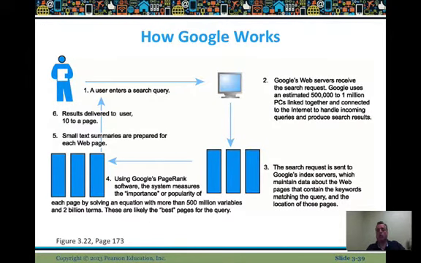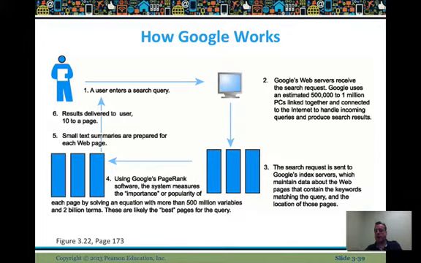How Google works: the user enters in this graphic a search query, and the Google web servers receive the request. It's got upwards of 1 million PCs linked together, handling the incoming requests. The request is sent to their index servers, which have already crawled the web. Those index servers maintain data about web pages that are already out there based on the last most recent crawl.